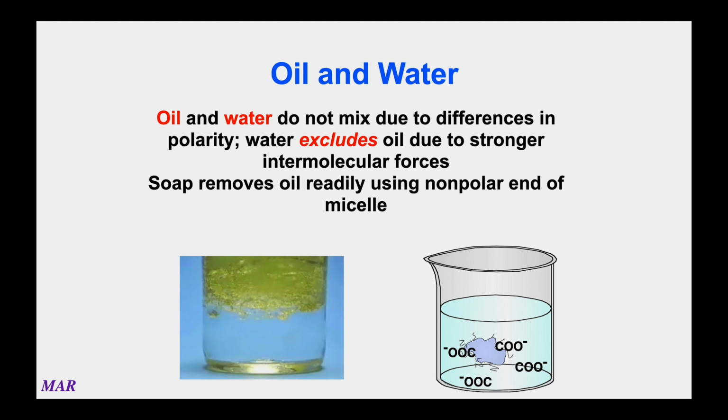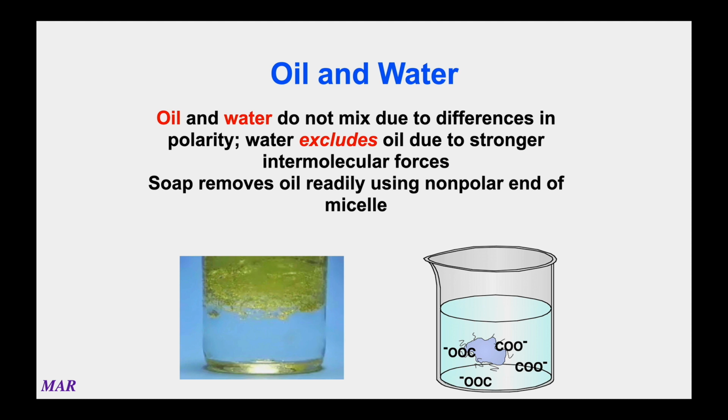So when all is said and done, soap and water have like parts, so they get along okay. But oil and water don't really get along. Oil has essentially nonpolar bonds, and water has very polar hydrogen-bonded interactions. People feel that water essentially excludes oil. Water has such stronger intermolecular forces that it doesn't want to get along with oil.